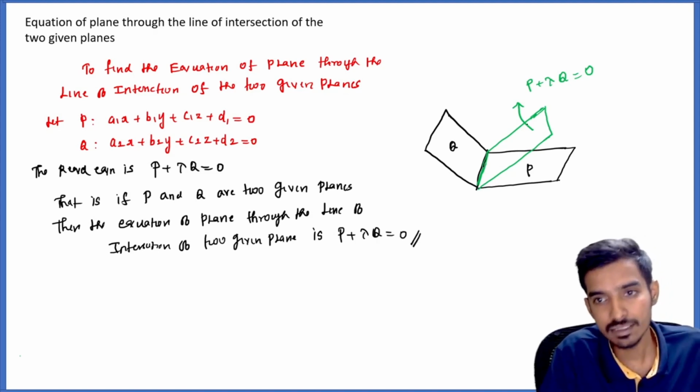That's it. The equation of this plane is P plus lambda Q is equal to 0.